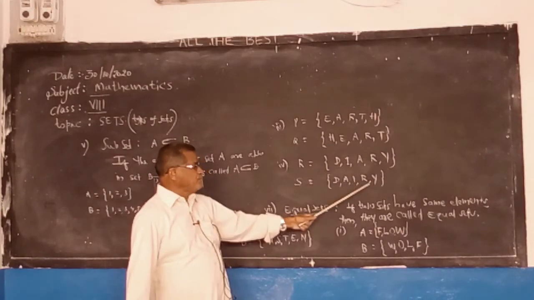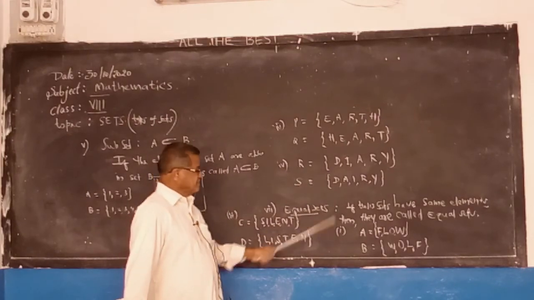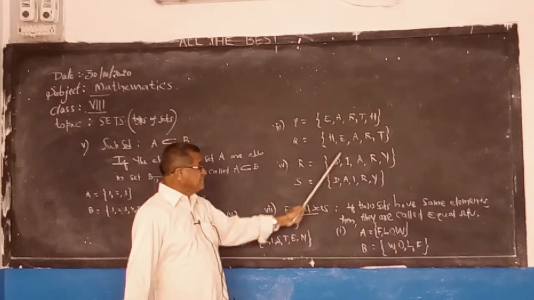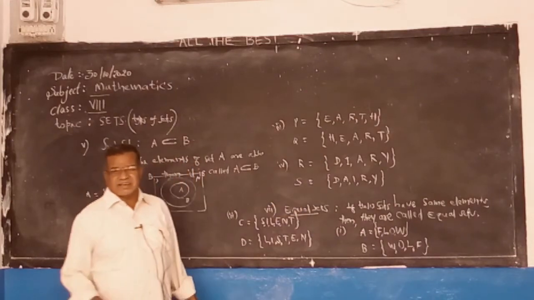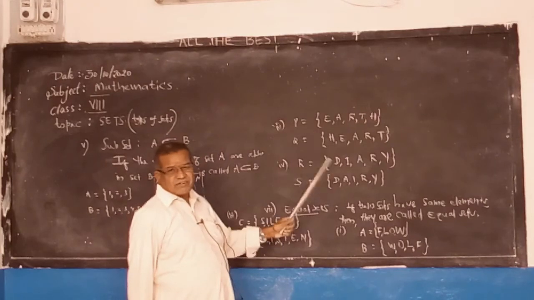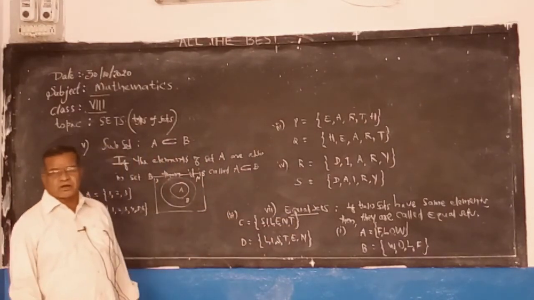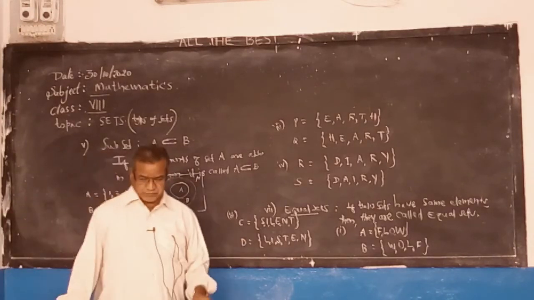And dairy is milk products, but the spelling has the same elements. The elements are the same, but the words are different. That's why such sets are called equal sets.